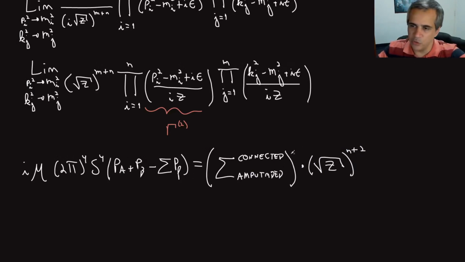Here, because I'm putting 2 incoming particles and n outgoing particles, right? This is the same as m plus n there, right?